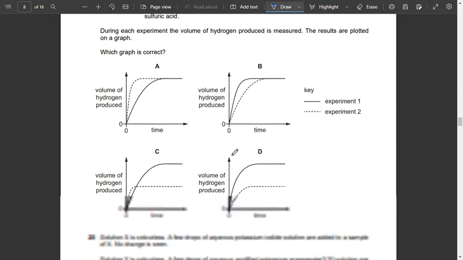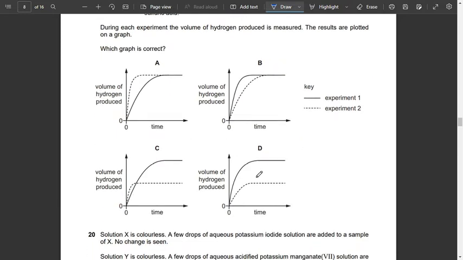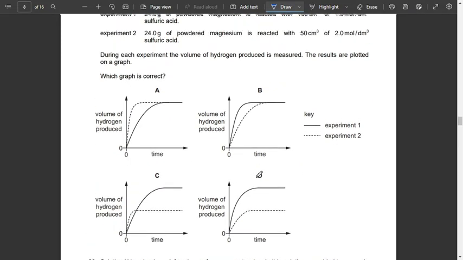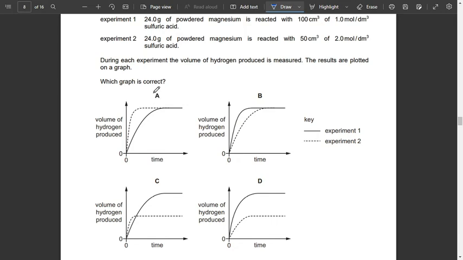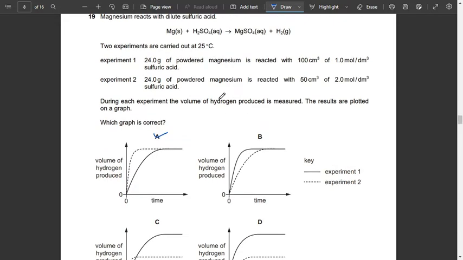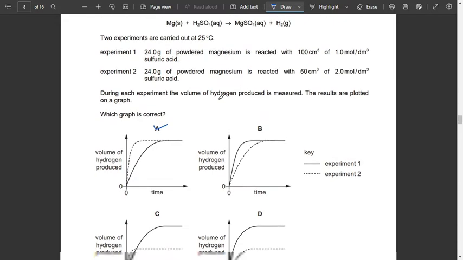So the answer will not be C and D, of course, because both the graphs should have equal volume. But since experiment number 2 is with greater concentration, it's going to have a much steeper graph.